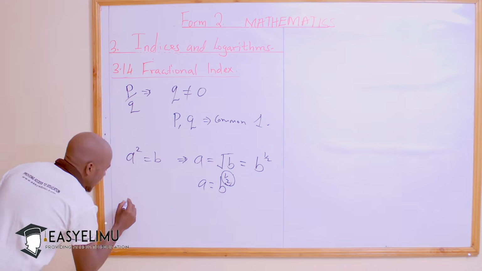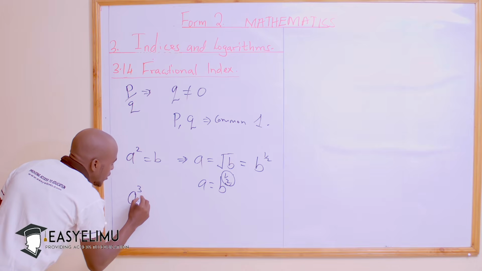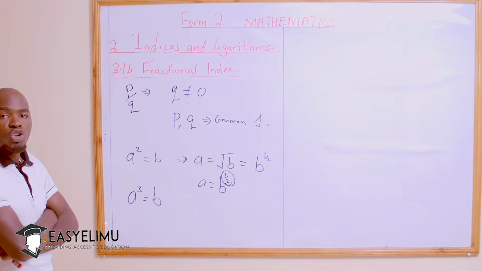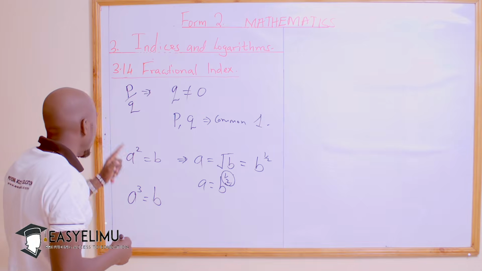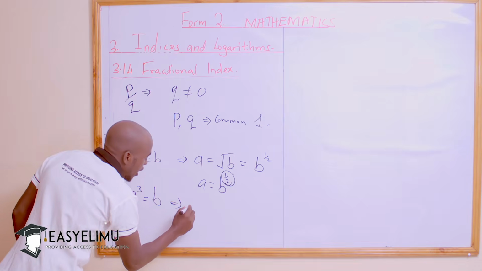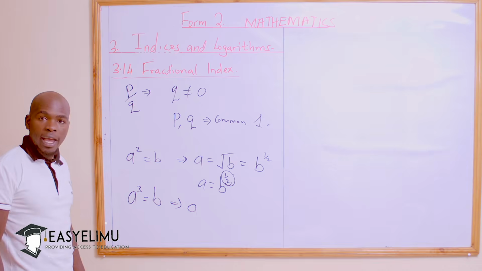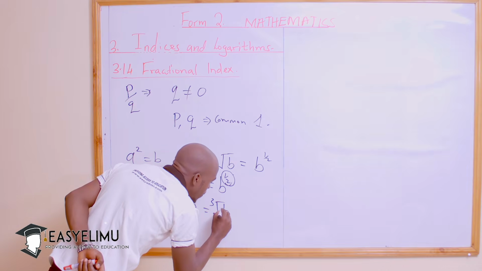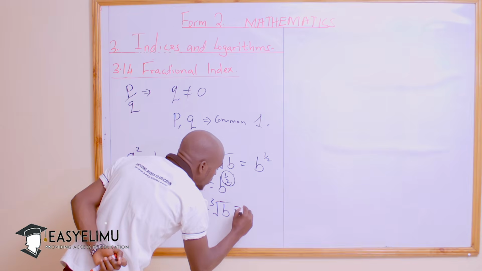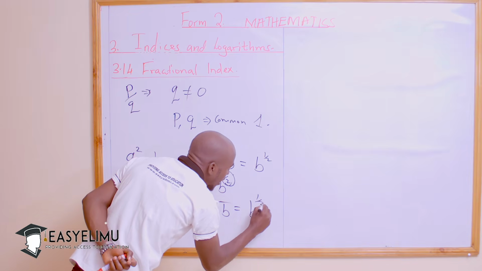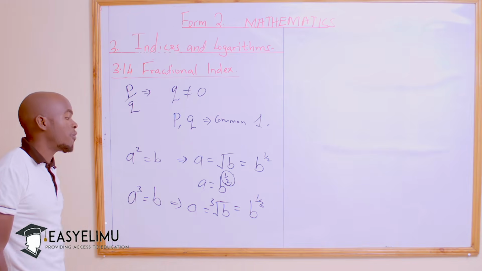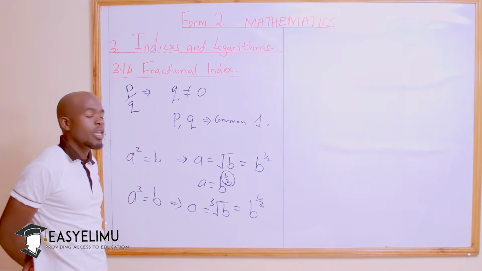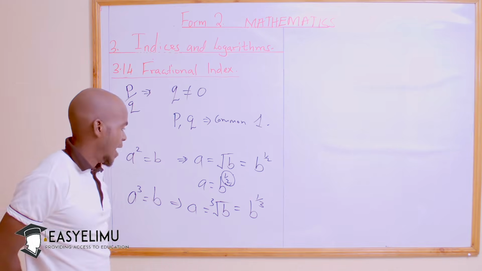The same applies in case we have a cubed. If a cubed is equal to b, then it simply implies that in case you want the value of a, you have to find the cube root of b. And finding the cube root of b is just the same as writing it in fractional index form, where you will find that it is b raised to a third.